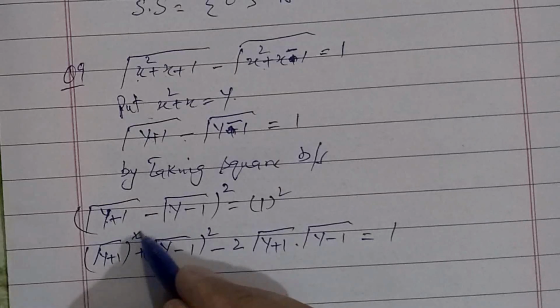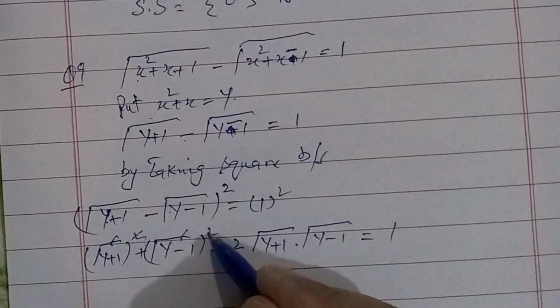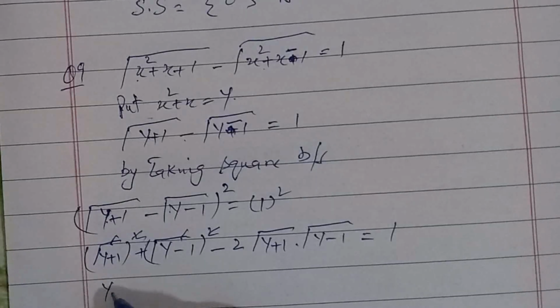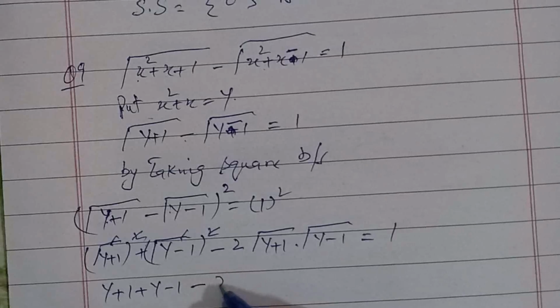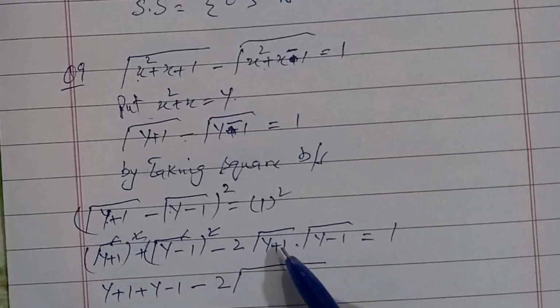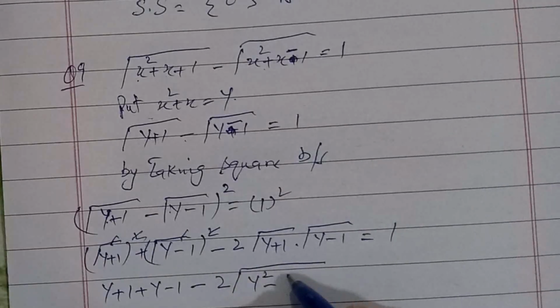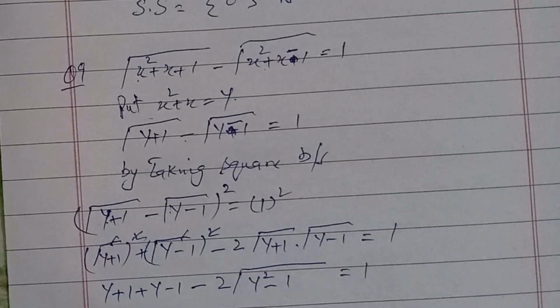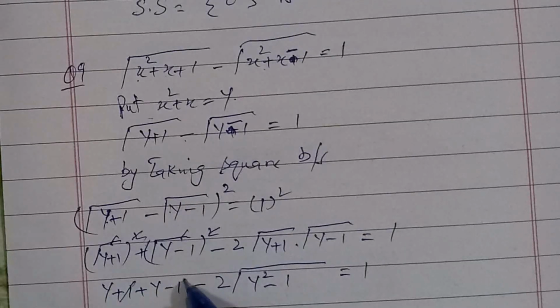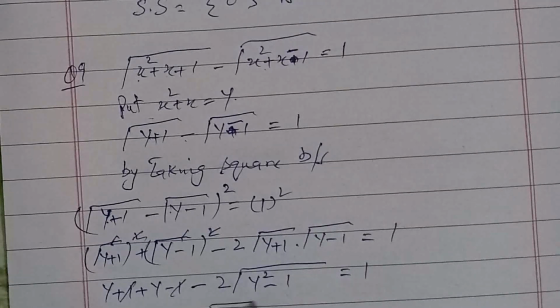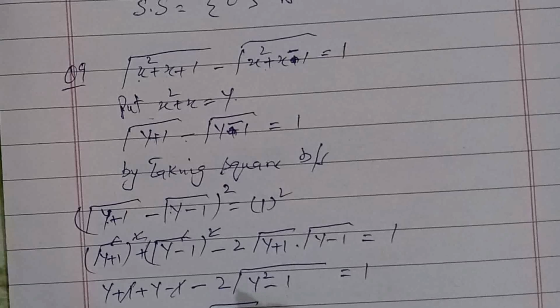Square and square root cancel. We get y + 1 + y − 1 − 2 times, and multiply these values, √(y² − 1) = 1. Now simplify 1 plus 1 minus 1. We get 2y − 2√(y² − 1) = 1.